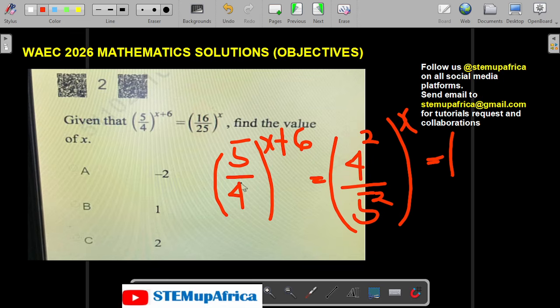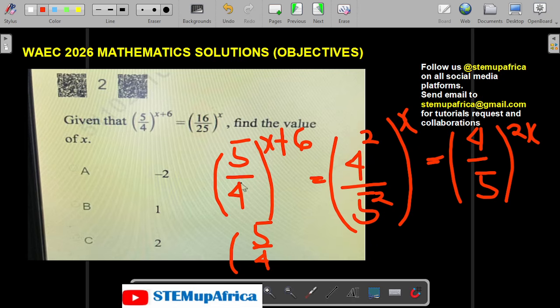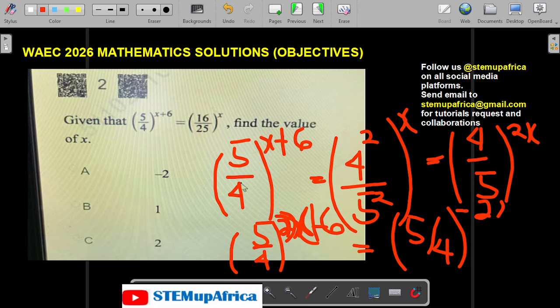That will give me 4 over 5 raised to the power 2x. You can see the bases are not the same. That means I can interchange it. I'm going to have 5 over 4 raised to the power x plus 6 equals 5 over 4 raised to the power minus 2x.